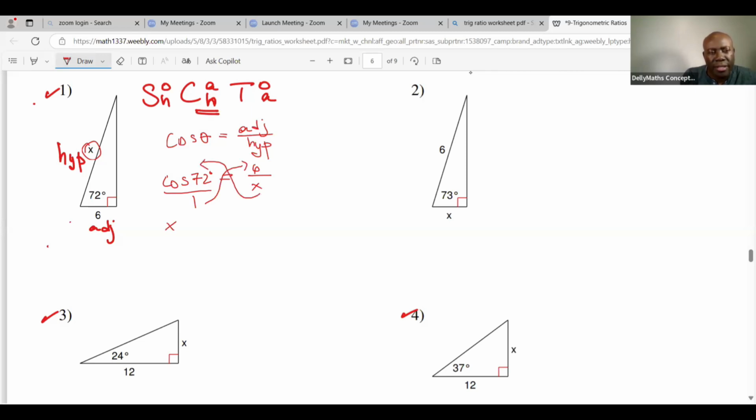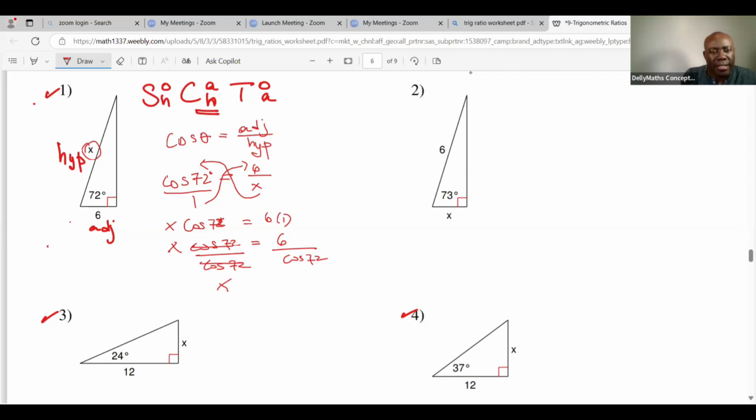So it's going to be x cos 72 degrees equal to 6 times 1. 6 times 1 is 6. To find the x, we're going to divide by cos 72, because we want to isolate the x.